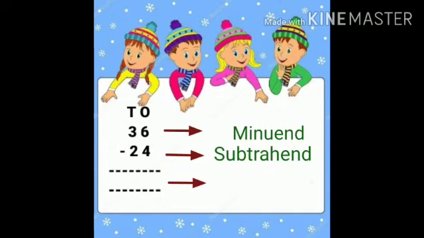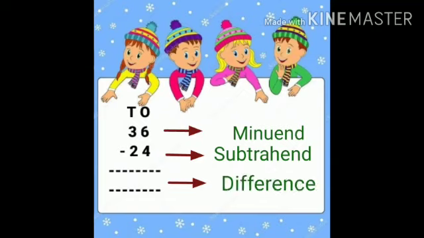Understand, students? The greater number always comes on the top and the smaller number comes after the greater number. The greater number is called minuend and the smaller number is called subtrahend. And the answer of the subtraction is called difference.